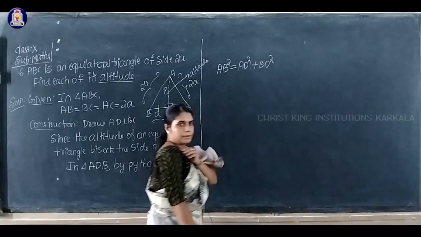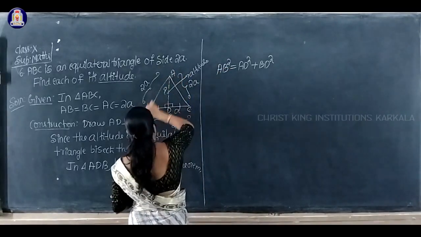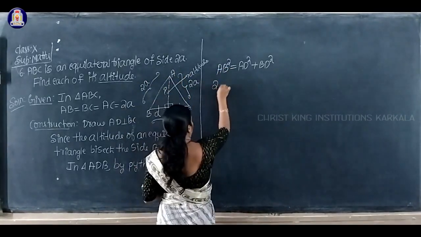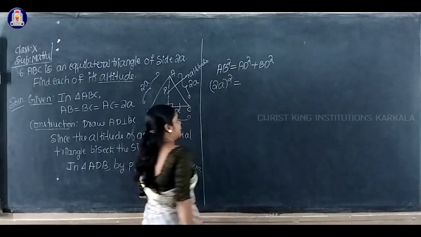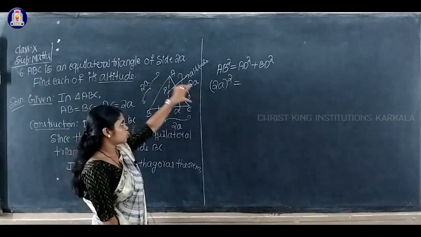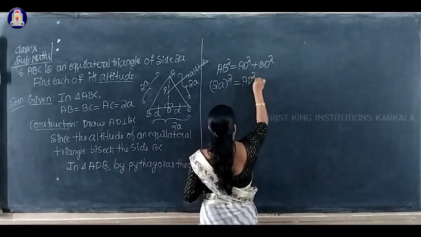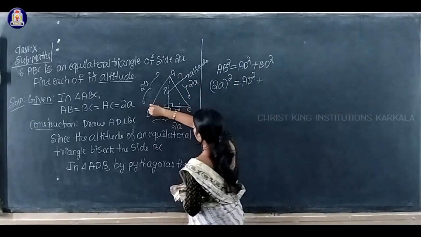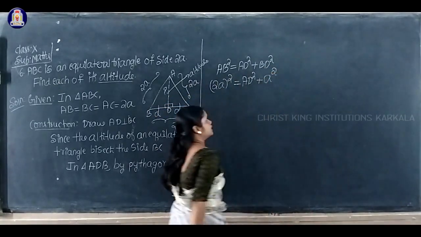What is the length of AB here? AB length is 2a. So (2a) whole square equals AD square. AD length we don't know, so write it as it is, AD square only, plus BD square. What is the length of BD here? BD is equal to a, so it will become a square.